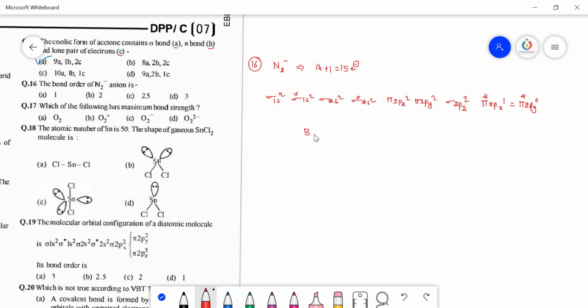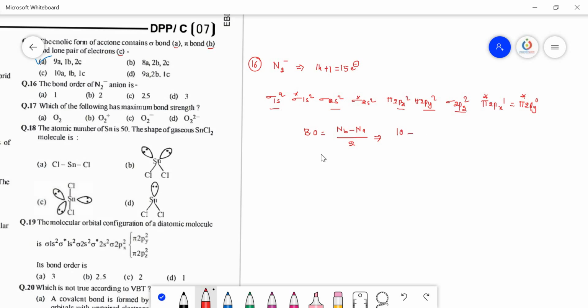Now let's try to calculate the bond order. Bond order means number of bonding electrons minus number of anti-bonding electrons, divided by 2. Number of bonding electrons means the electrons in the orbitals without star: 2, 4, 6, 8, 10.